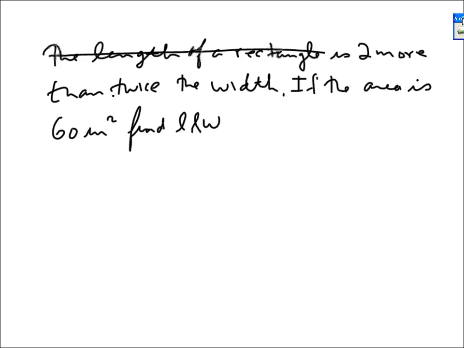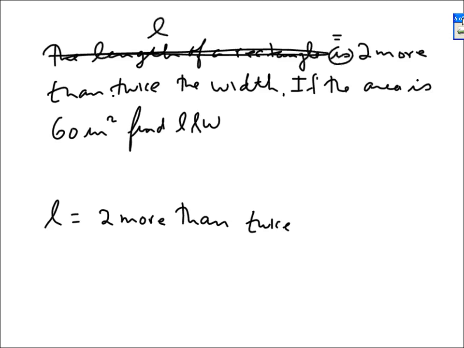The length of a rectangle is L. Is means equal. So it says L equals 2 more than twice the width. Well, twice means 2 times, and the width is W. So L equals 2 more than 2W.